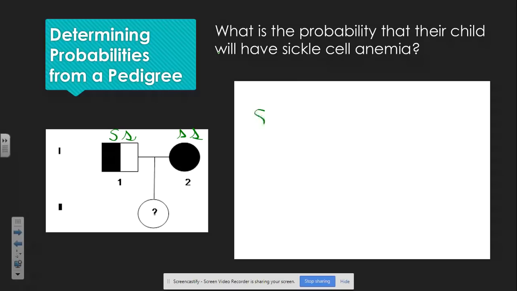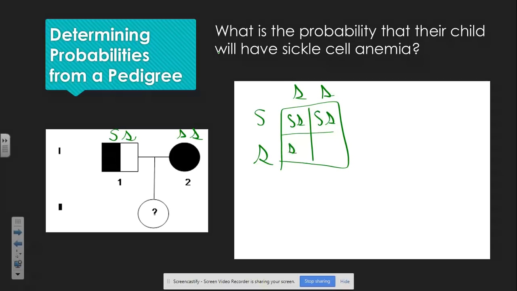So when we do the cross, they would have a 50% chance of having a child with sickle cell disease.